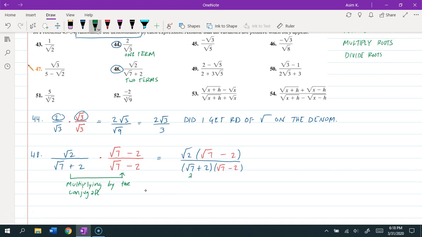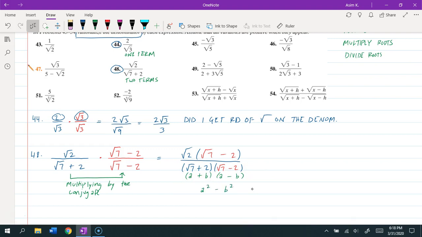A handful of tricks here. Notice how this is in the format of a plus b times a minus b. In that previous lesson we said that instead of doing the whole problem, a very handy trick is to realize that it gives you a squared minus b squared.